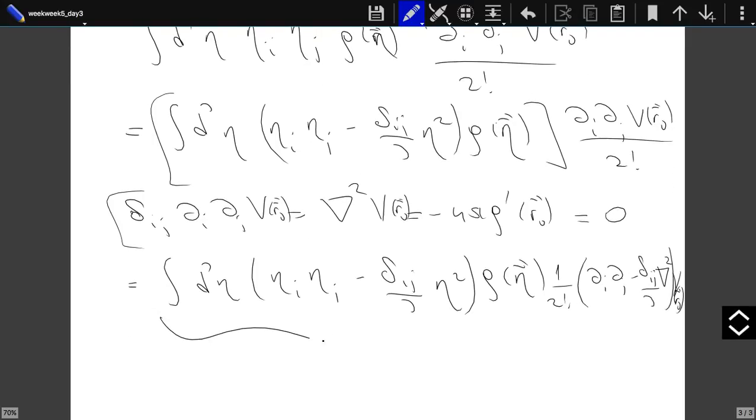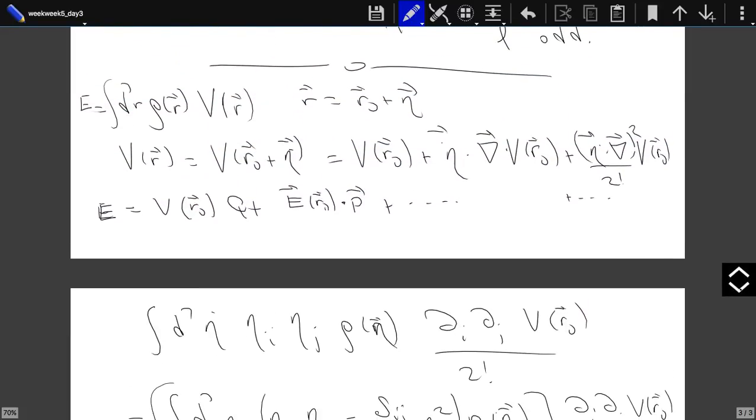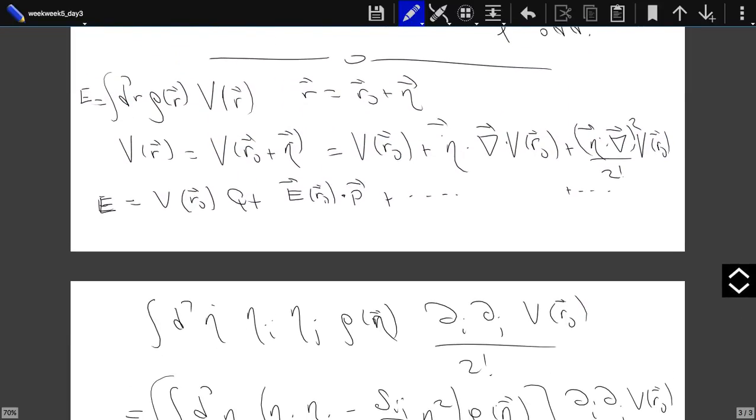So this is nothing but the quadrupole moment. So basically the energy depends on the, here we have the Qij, let me write it Vij, etc. So this is the energy of the system.